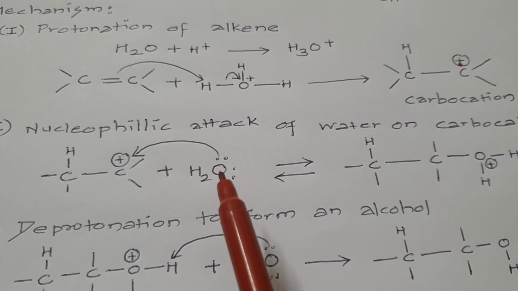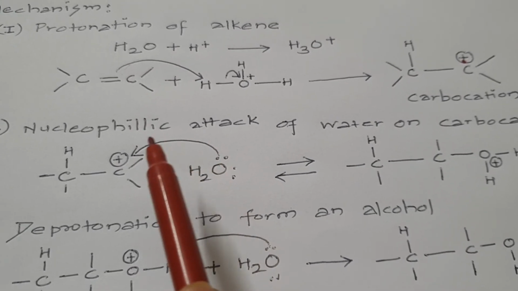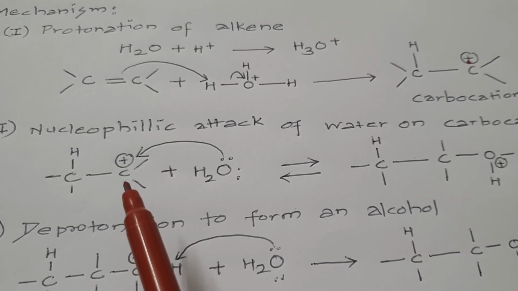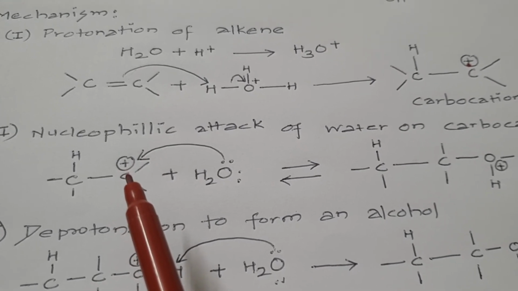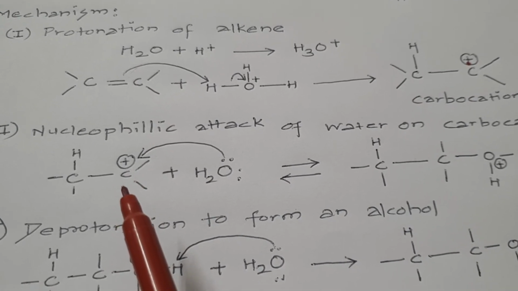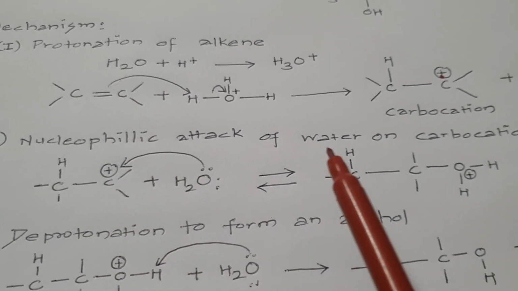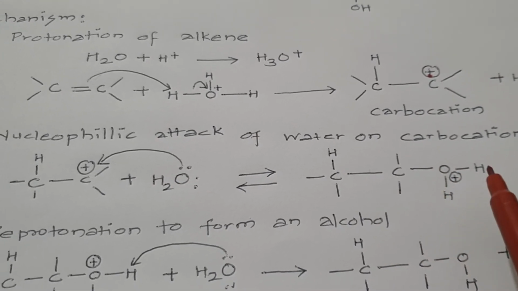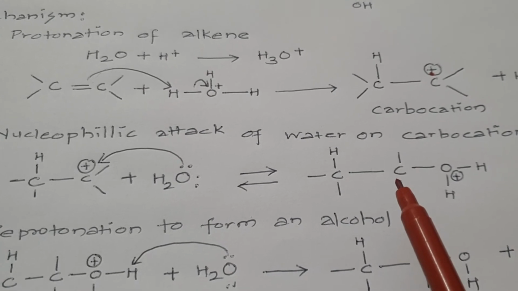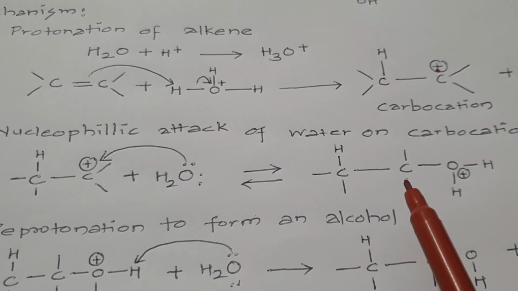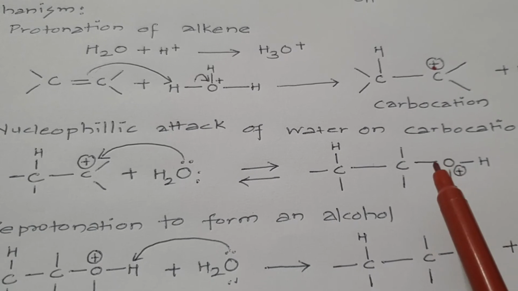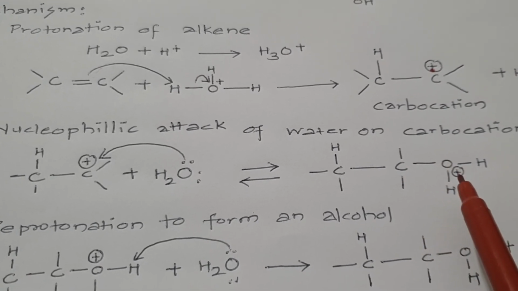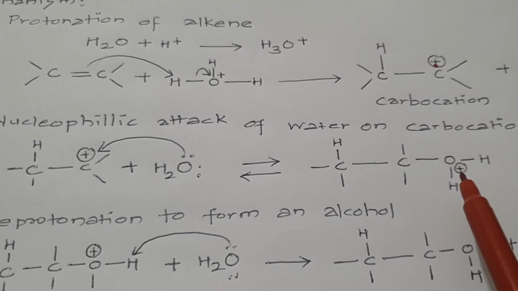Thus, it is electron rich, and hence now it will be attacking a carbocation which is lacking electrons. So, over here, this particular reaction occurs, giving you addition of water to your carbocation. But now that oxygen has formed a bond with the carbon, this oxygen will be bearing a positive charge.